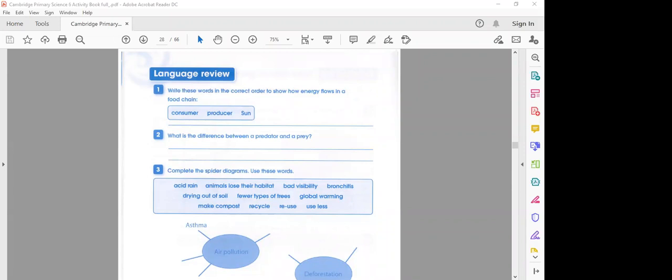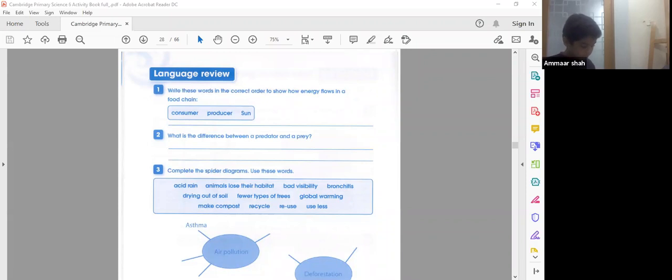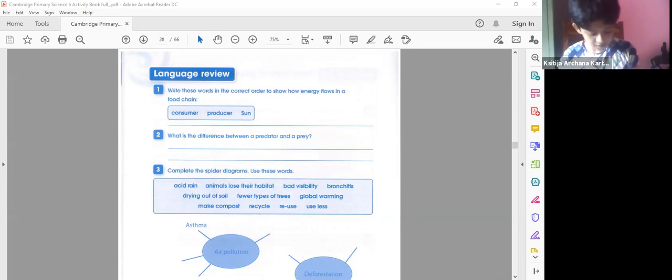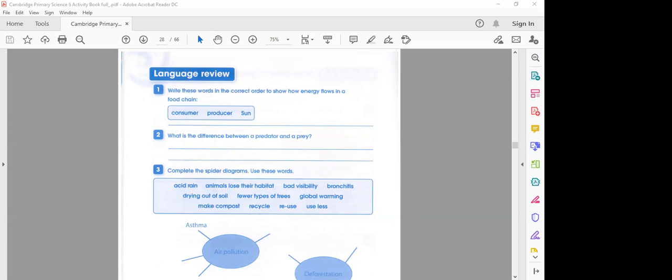Acha. In question number 3, around deforestation, what all have you chosen? Ma'am, can I say? I can see your answers, Amar. Fewer types of trees, animals lose their habitats, drying out of soil, and global warming. Okay. Global warming can go in both scenarios, air pollution as well as deforestation, right?